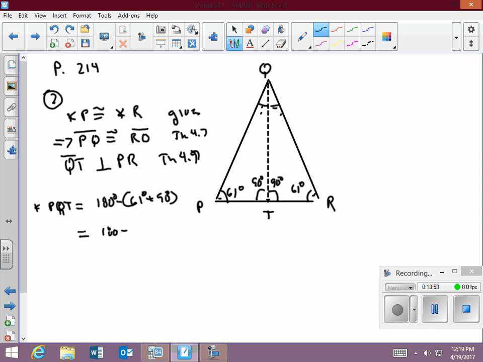What is that? 59. Is that 21 degrees? Technically, you would say the measure of angle PQT equals 21 degrees.